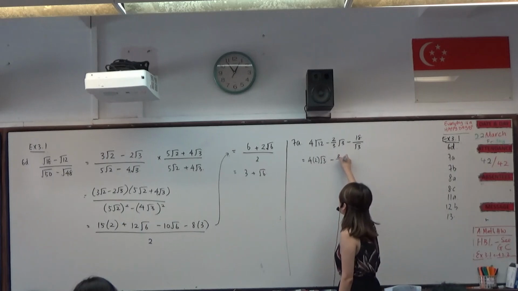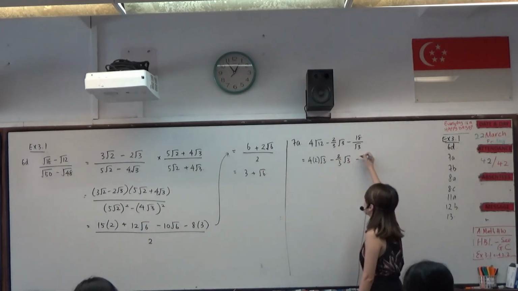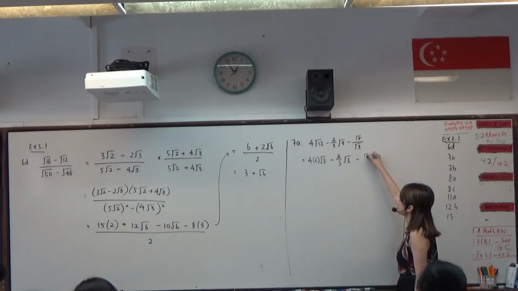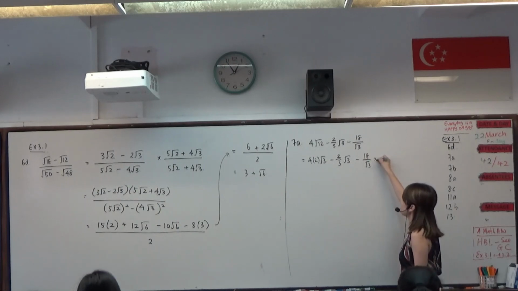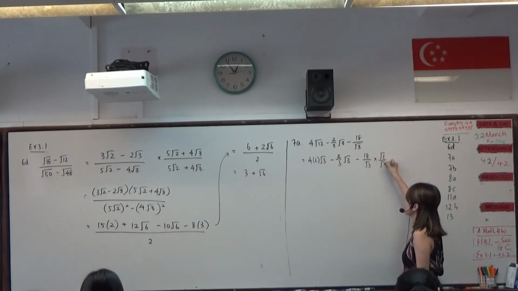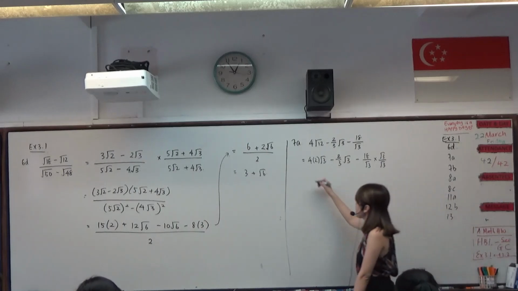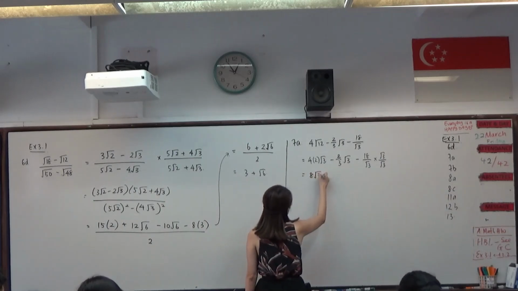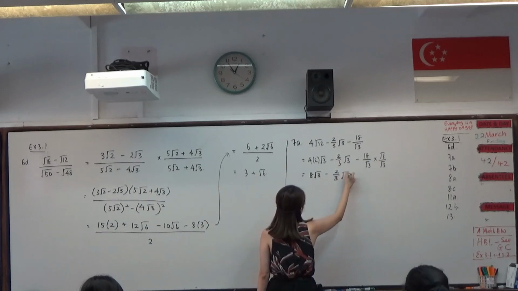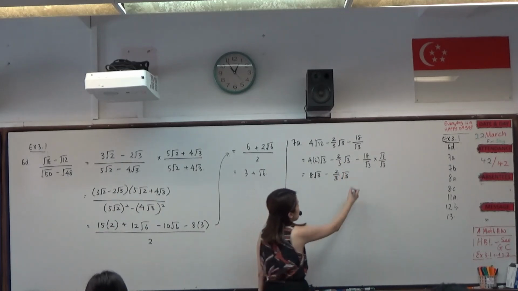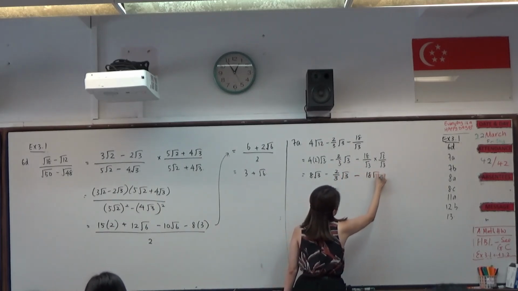Then minus away 2/3 root 3. And for this fraction, we got to rationalize it by multiplying with root 3 over root 3. So we get 16 root 3 over here minus 2/3 root 3, followed by minus 18 root 3 over 3.